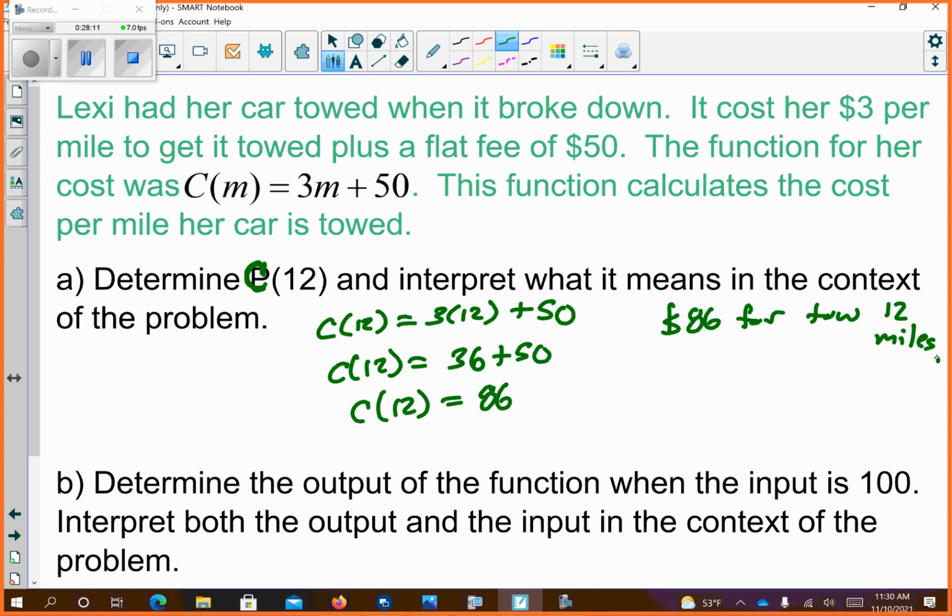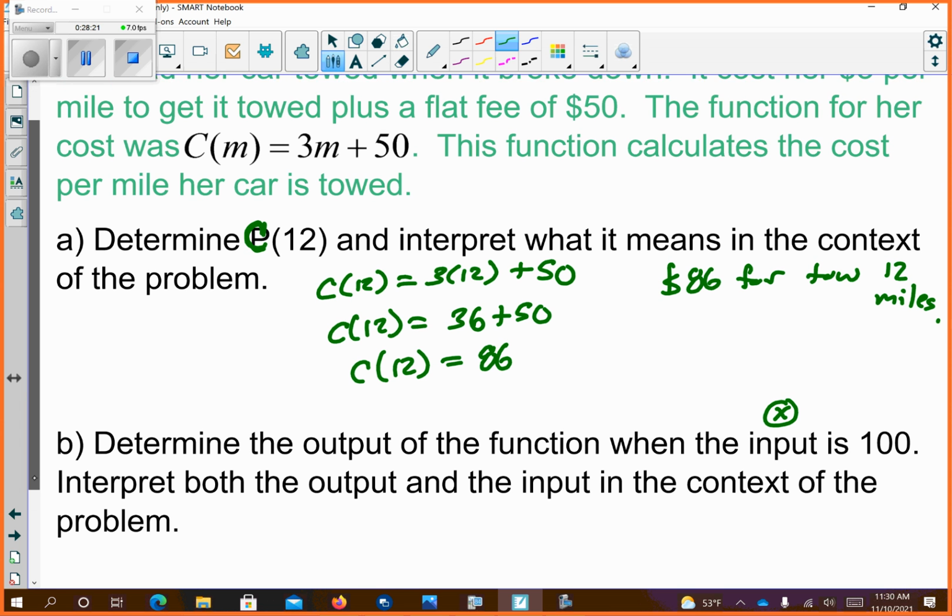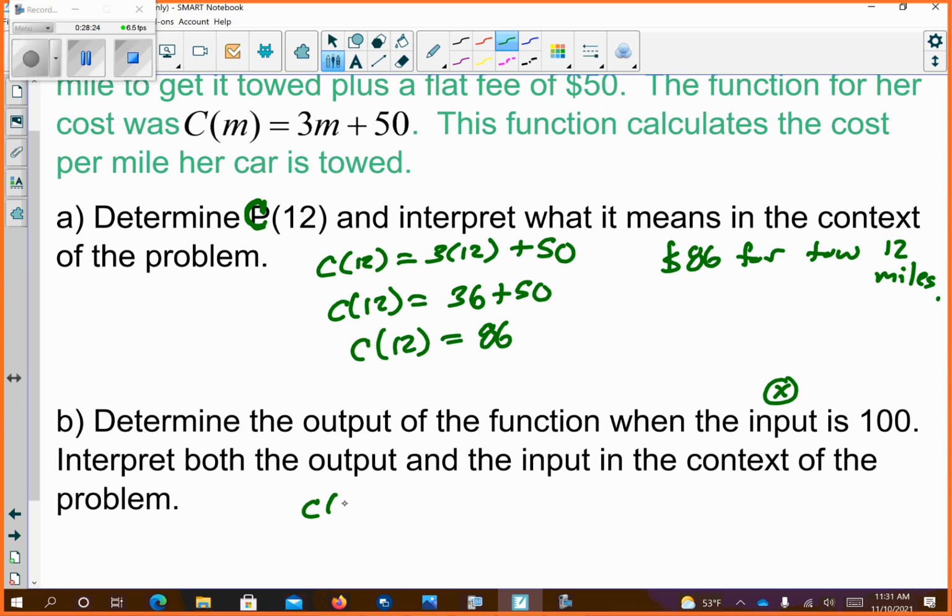Determine the output of the function when the input is 100. Remember, input is the x value. Interpret both the output and the input in the context of the problem. So we're going to do C(100) is equal to 3 times 100 plus 50.